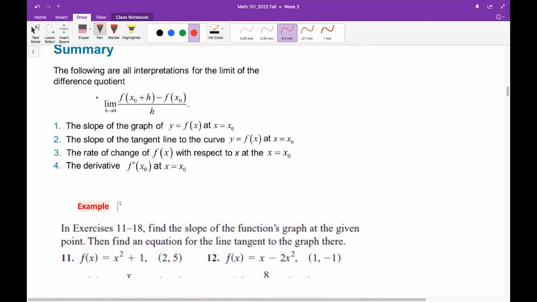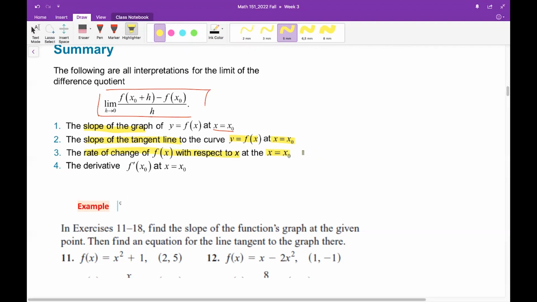Okay, so here is the summary about what we have done so far. This expression, our famous expression, gives us what? This is the slope of the graph at the given point. It is also the slope of the tangent line at the given point. The first and second sentences are basically the same thing. At the same time, remember from our previous lecture videos, this is the rate of change of f with respect to x at this particular point.